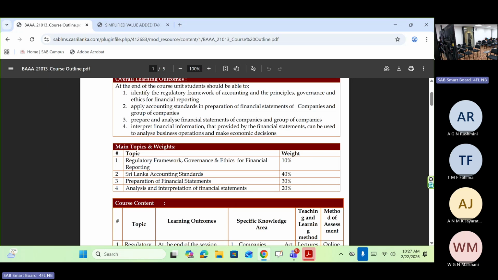Software you can classify into two. IT lesson. What is that? Operating software and application software. Example for operating software: iOS, Windows, Linux, right?